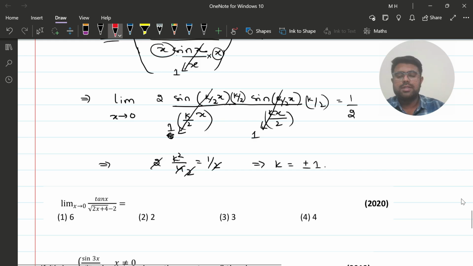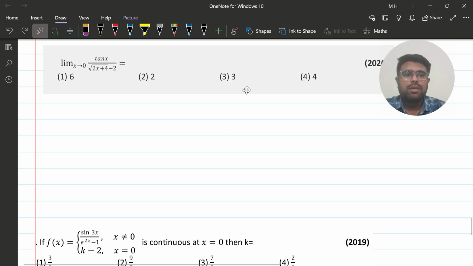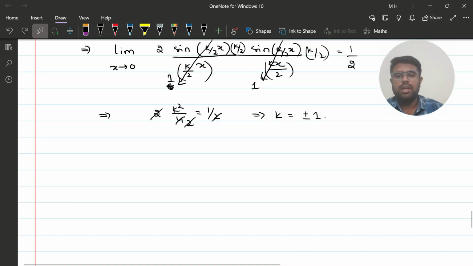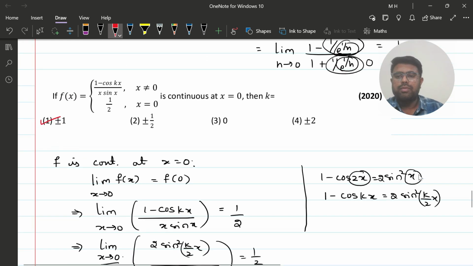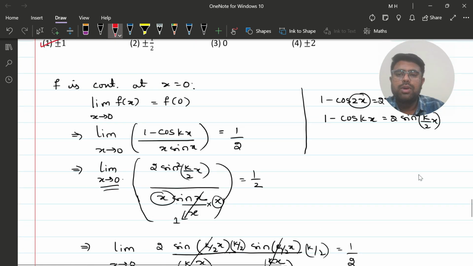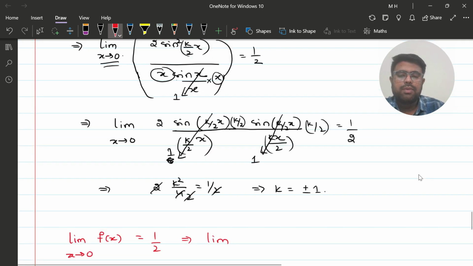But in case you want to use the L'Hospital's rule, what we can do is say the limit of f of x as x tends to 0 is equal to what? 1 by 2. So this implies the limit of, what is f of x?